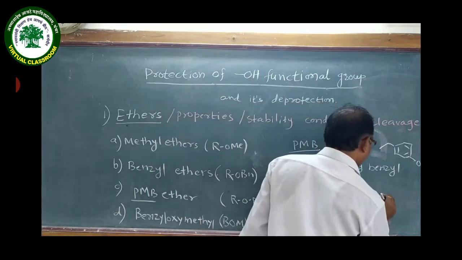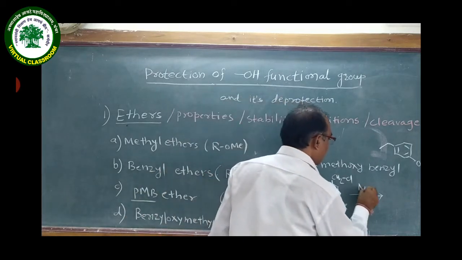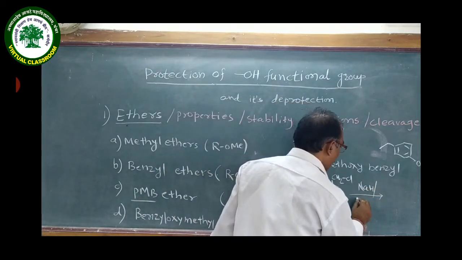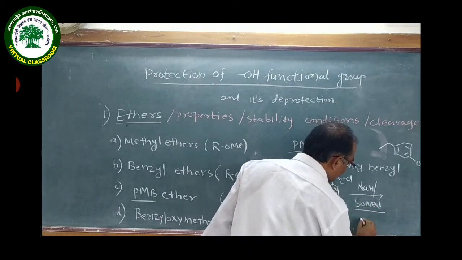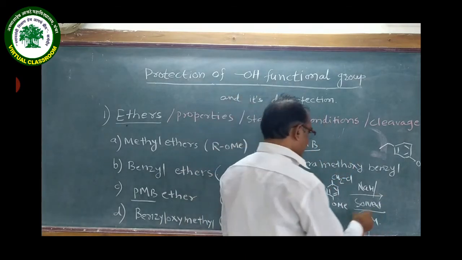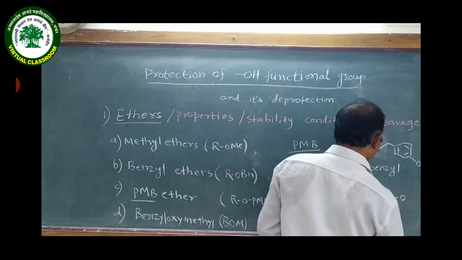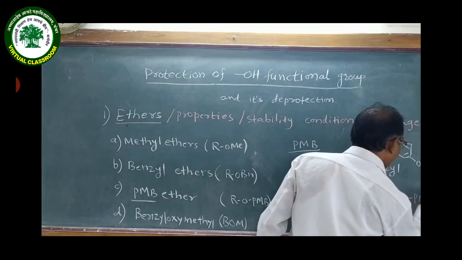In basic condition like sodium hydride, the solvent, always we have to use a non-protic solvent like dichloromethane. So we will get the respective RO-PMB.